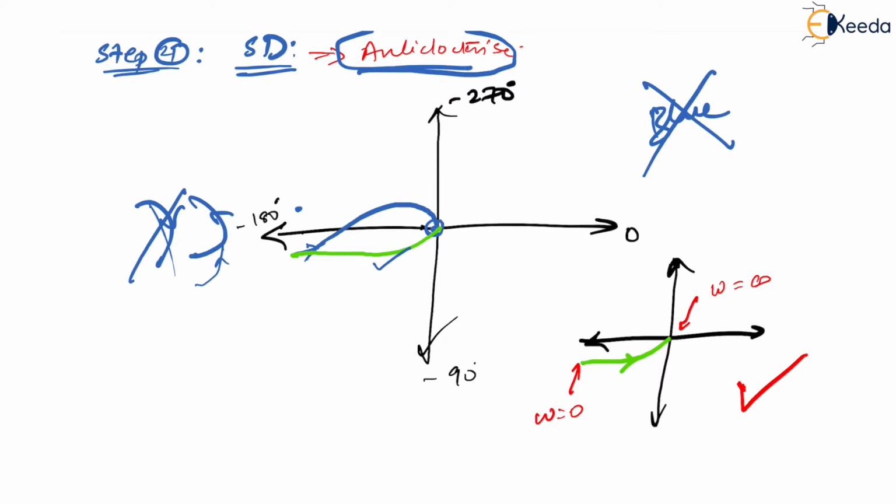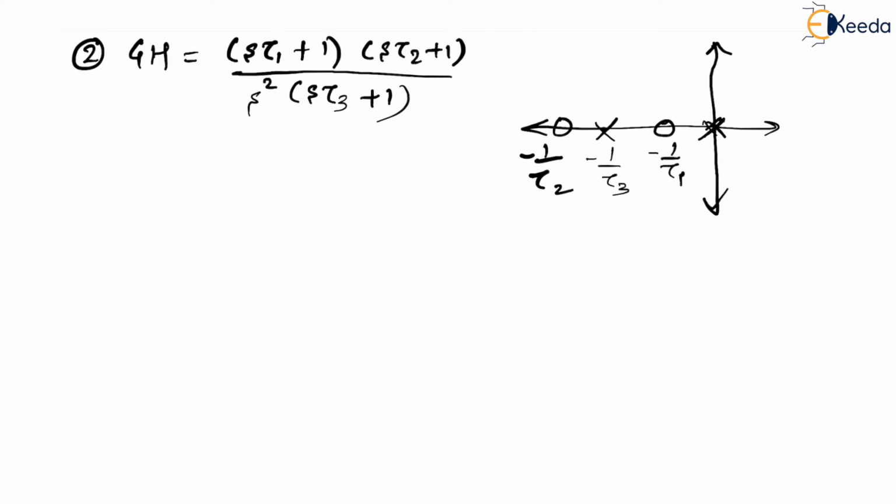Let us think of that. Yes. So if you see in the second example, we have taken two zeros. In the first example we had considered only one zero, but here we have taken two zeros, right? So the first thing we do is find G H of j omega.